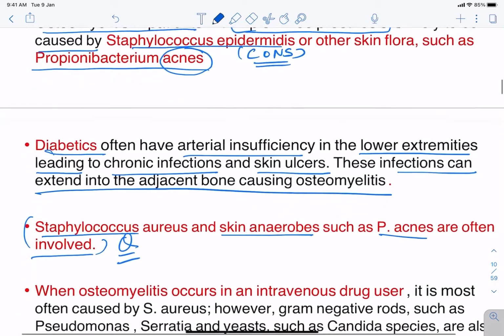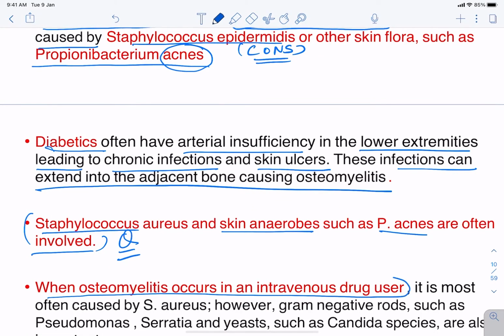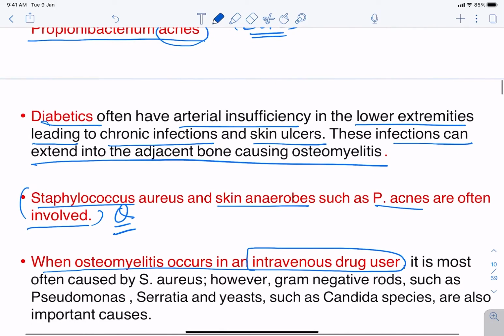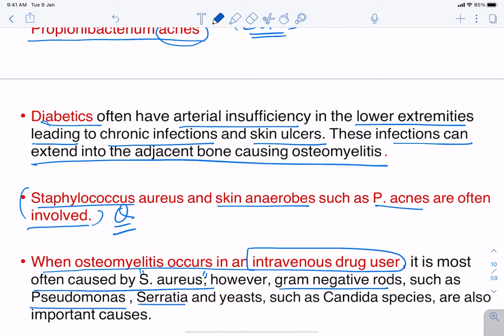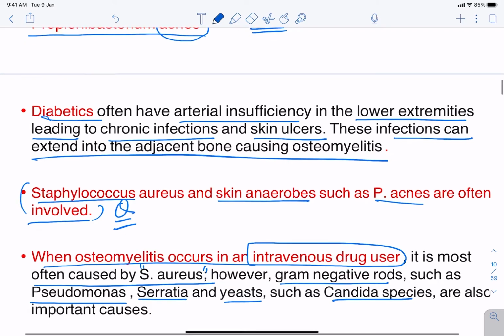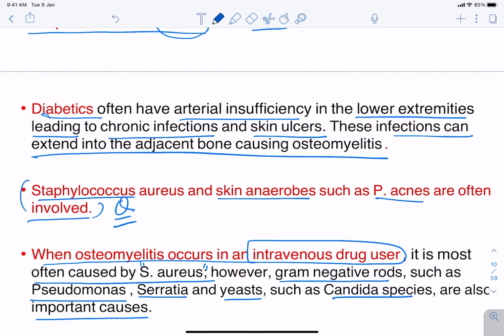When osteomyelitis occurs in an intravenous drug abuser, it is again most commonly caused by Staph aureus. It is again mainly caused by whom? Staph aureus. However, some gram-negative rods such as Pseudomonas and Serratia, an Enterobacteriaceae member, Serratia marcescens, which produces a pinkish pigment, and certain yeast-like organisms such as Candida are also important causes of osteomyelitis in an intravenous drug abuser.